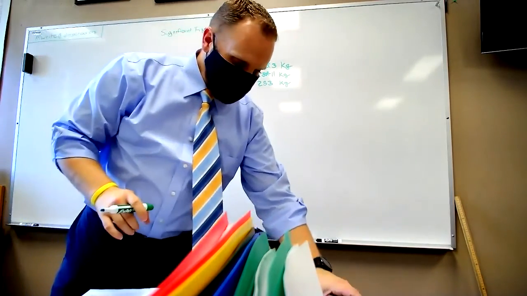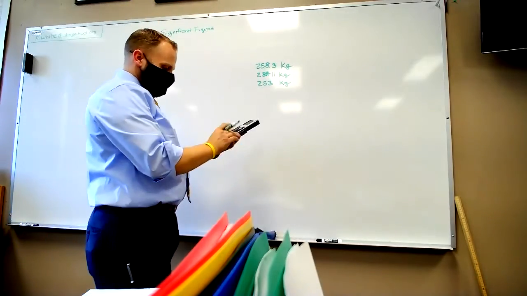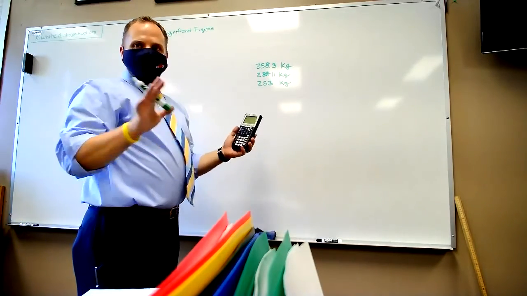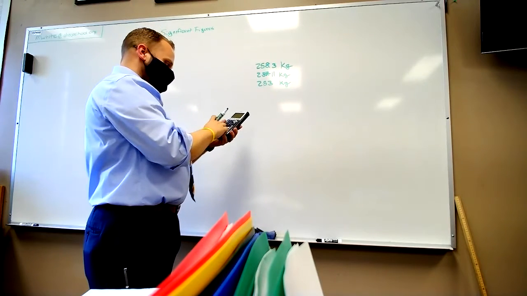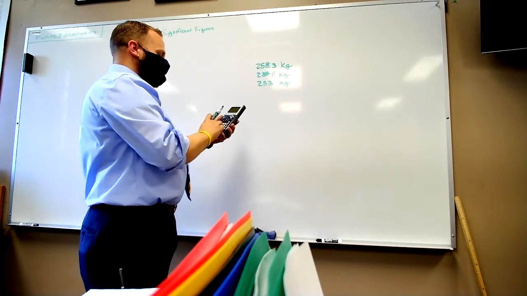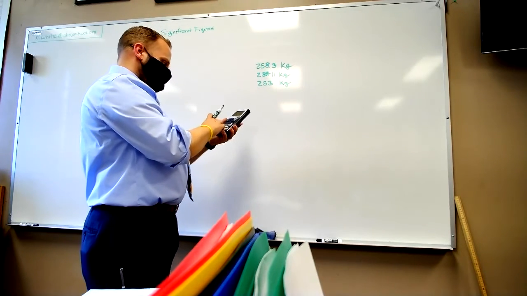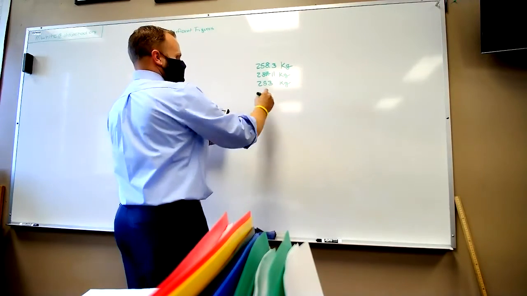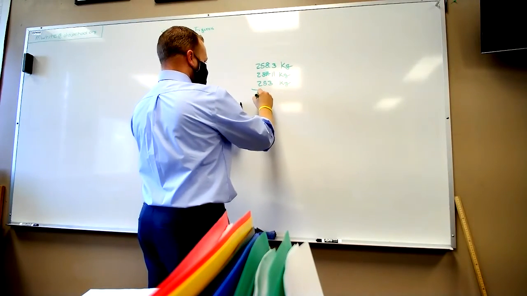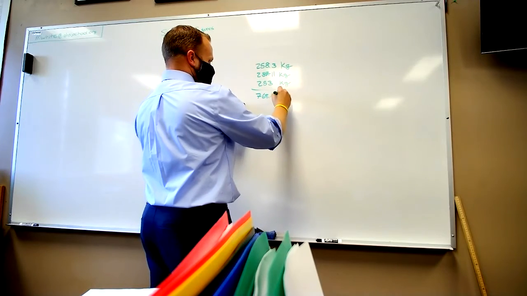So we put that in our calculator. Remember, we don't do any rounding until we've done all the math. So 258.3 plus 257.11 plus 253. That gives us 768.41 kilograms.